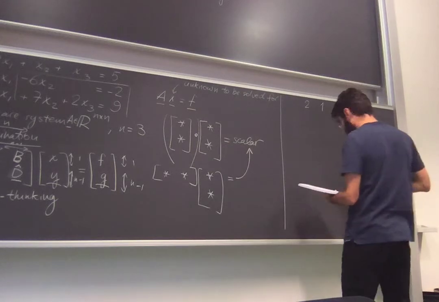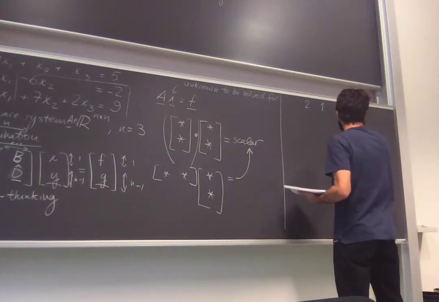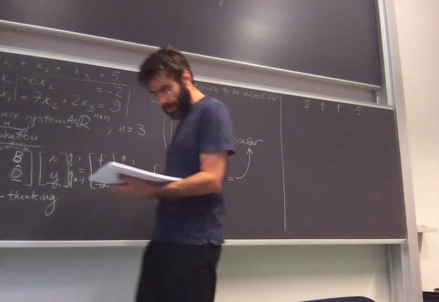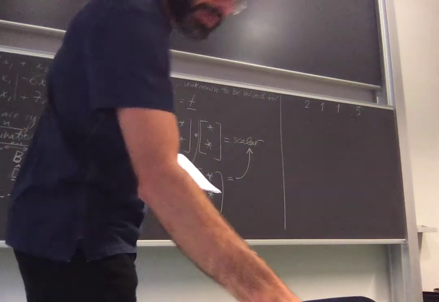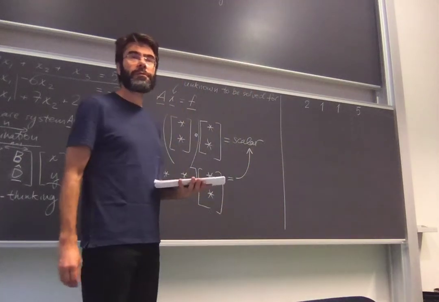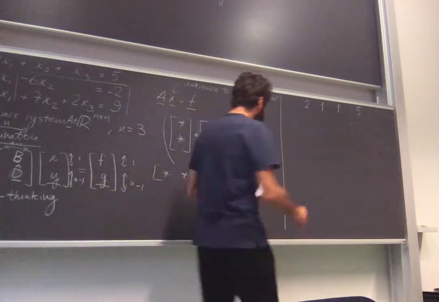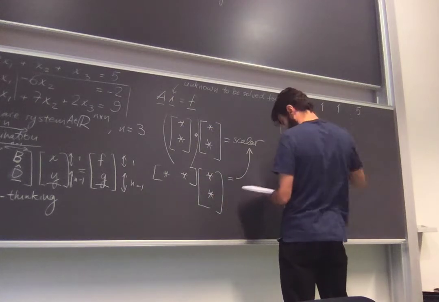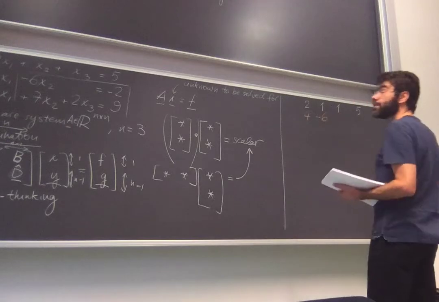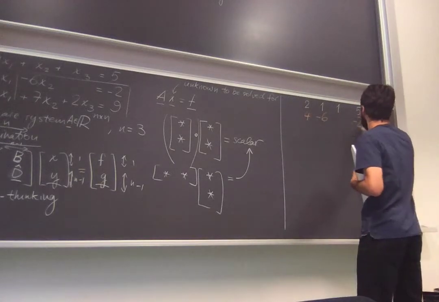Okay, so I'm just copying the system in a kind of summarized way. Let me indicate each row with a different color. I'm going to use orange for the second row, which is this one here.